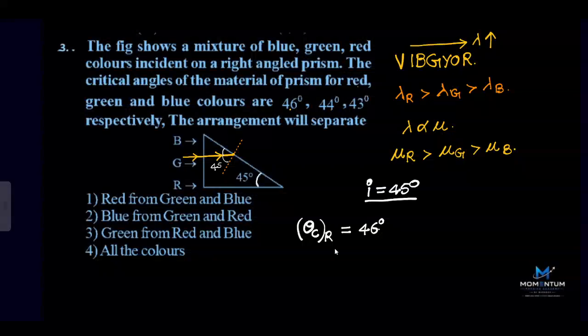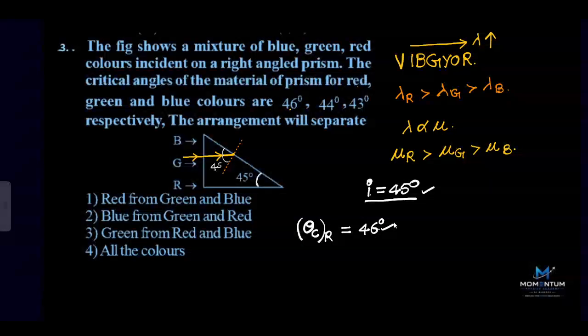The angle of incidence for red, blue, and green is the same, 45 degrees. When will TIR happen? If the angle of incidence is greater than the critical angle, only then is TIR possible. Here the angle of incidence is 45 and the critical angle is 46.